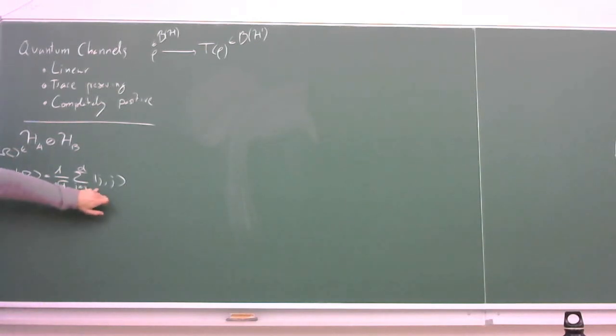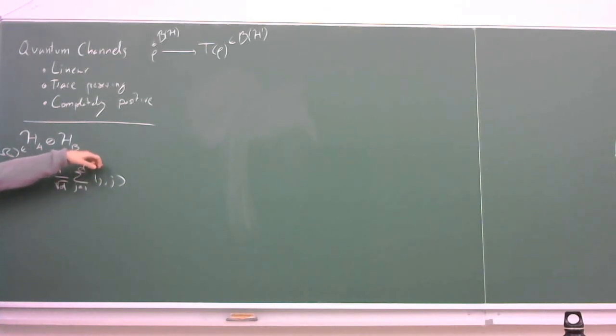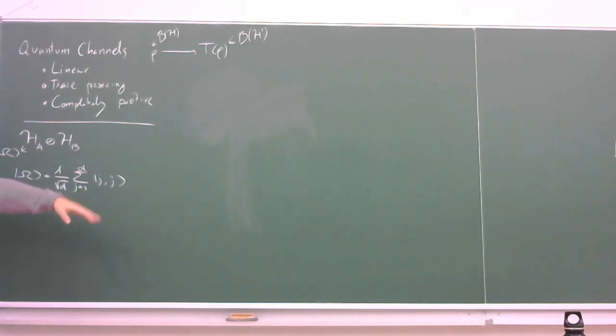So it entangles the state j in A to the state j in B. Yes? And this is maximally entangled. So the nice property is that once you have fixed a basis to describe your maximally entangled state, you can construct any other maximally entangled state by performing only local operations.